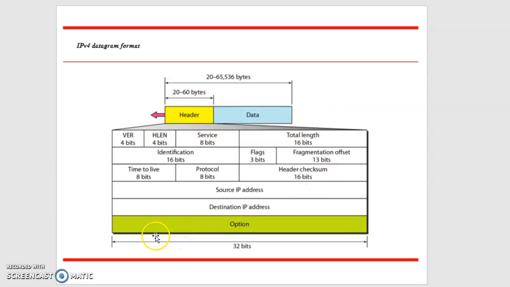I have also shared my handwritten notes with you. The detail of each and every field is written there. Today I'll also share the scanned copy of the Data Communications book, 4th edition. This topic plus the IP addressing topic is not there in your 2nd edition, which I provided you earlier as a scanned copy.